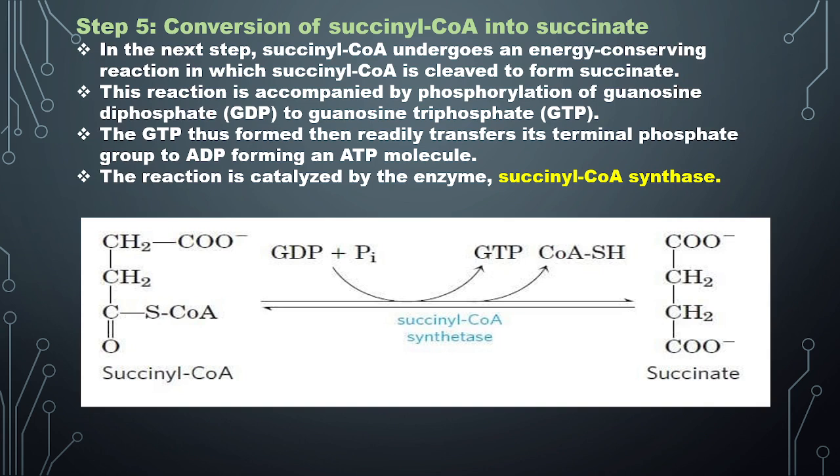This reaction is accompanied by the phosphorylation of guanosine diphosphate. A phosphate group is attached to GDP and forms GTP here.